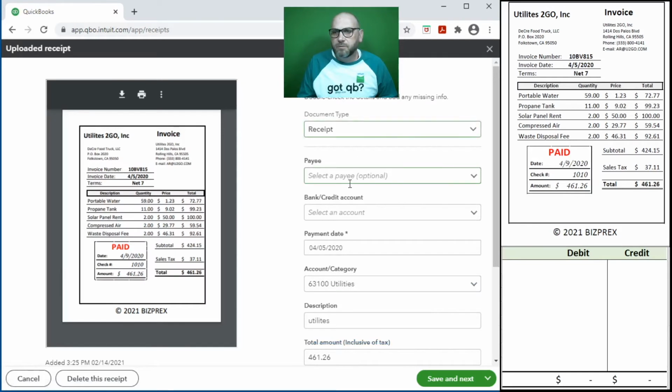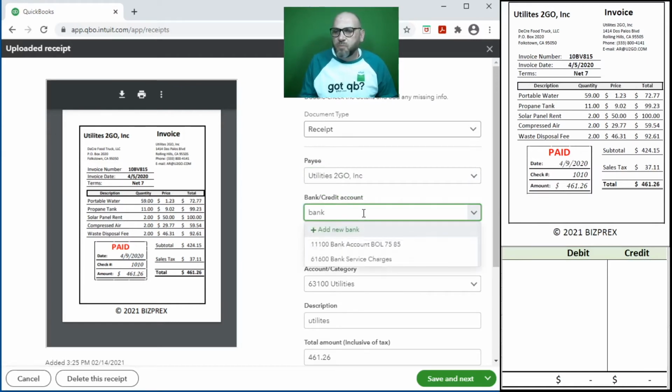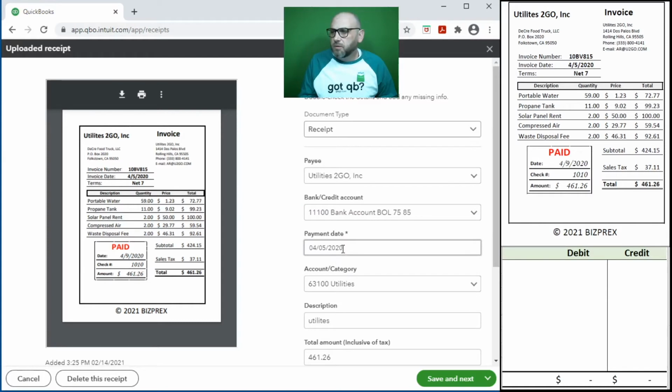All right, so utilities to go. Okay, in this case, it's a bank account. We're paying with check. All right, payment date. All right. Oh, it picked up the account correctly. Utilities, right? It saw that. So, hey, it does occasionally do a good job, but nevertheless, that's what we do, right?